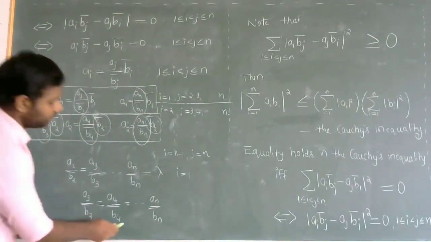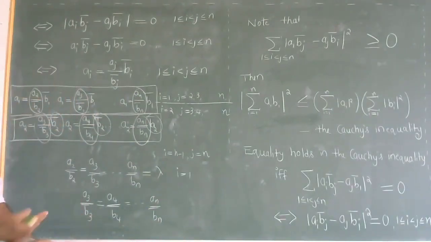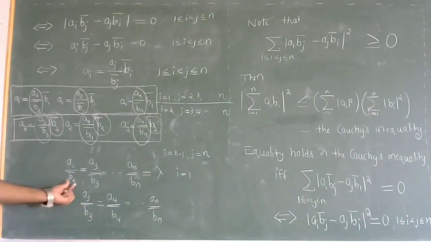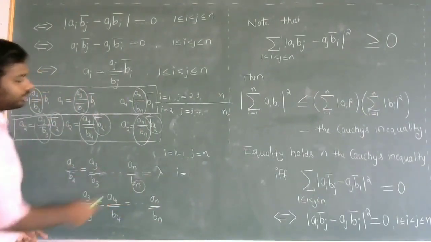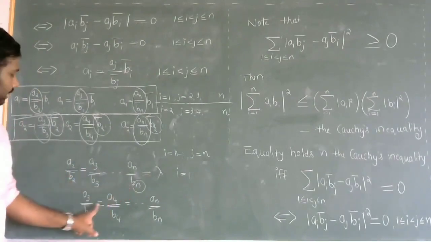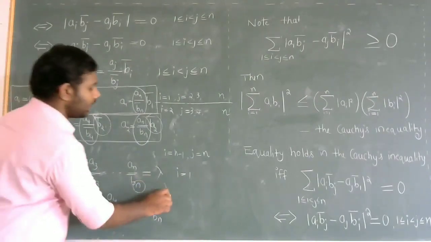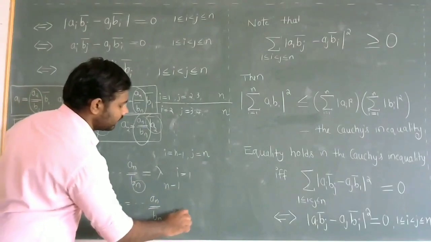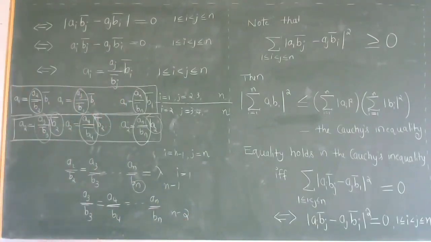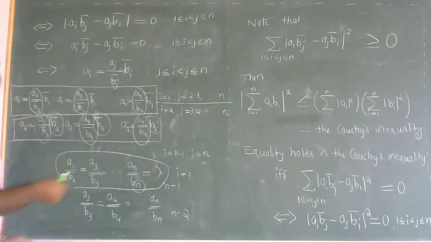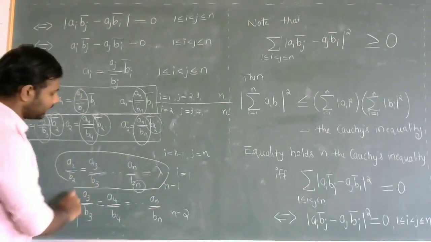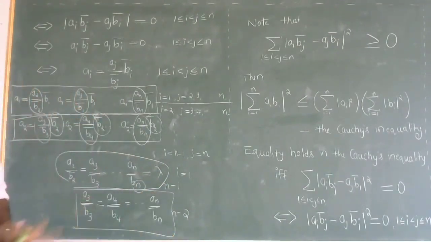So if I go like this, the fractions get fewer and fewer. Here I have fractions starting from 2 and ending at n, so n minus 1 fractions; here 3 to n, so n minus 2, and so on. But all those fractions are the same, right? Here a3 by b3 bar is already there, and it is equal to the rest of the fractions already, so I am getting a lesser condition here.